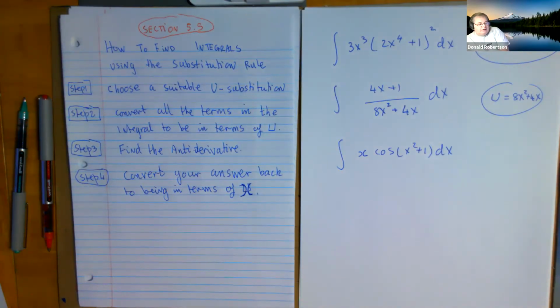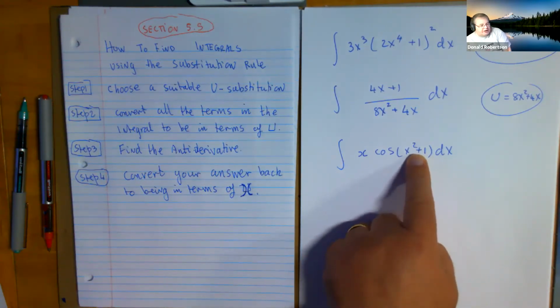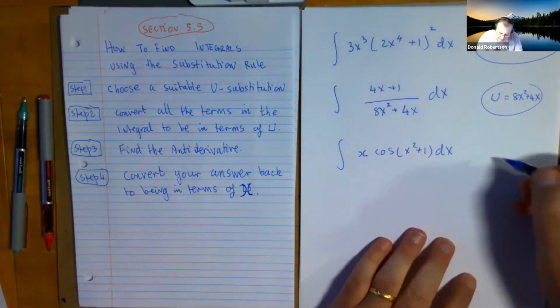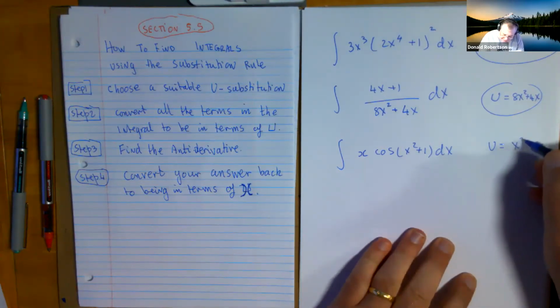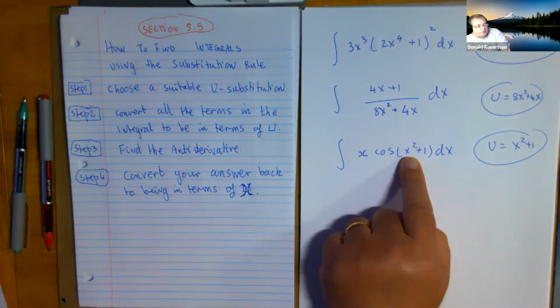If you get a trig function, a sine, a cosine, a tan, or whatever it might be, and you see it's not sine of x or cosine of x, but sine of x squared plus 1 or cos squared of x plus 1, choose as your U sub the thing that's inside the cosine.